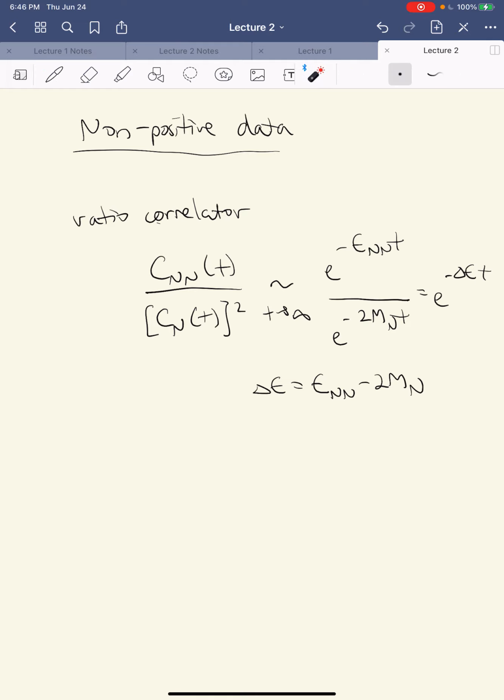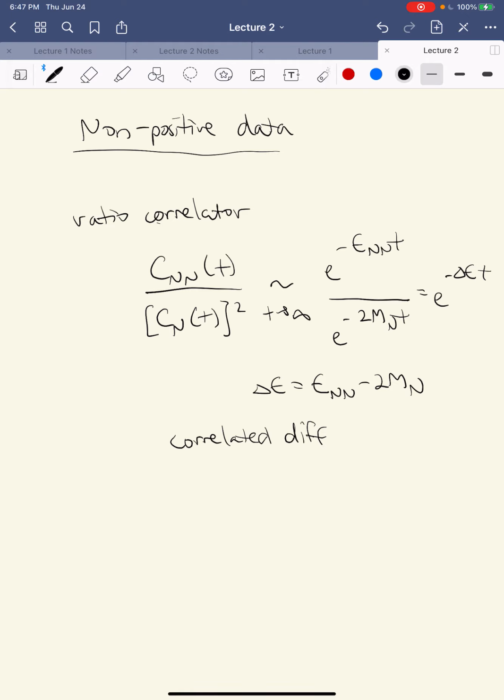And if we look directly at this ratio, it gives us the correlated difference between the two energies if you were to fit each of these correlation functions independently. And you can do that as well. You can fit them independently and then take a correlated difference using jackknifing or whatever way you want to propagate your correlated uncertainties.